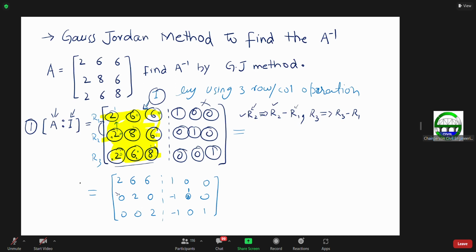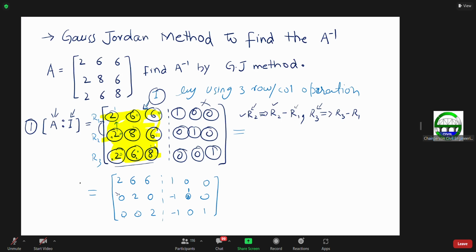So again I change the values of R3: 2 minus 2 is 0, 6 minus 6 is 0, 8 minus 6 is 2, and then 0 minus 1 is minus 1, 0 minus 0 is 0, 1 minus 0 is 1. Is it clear to everyone?